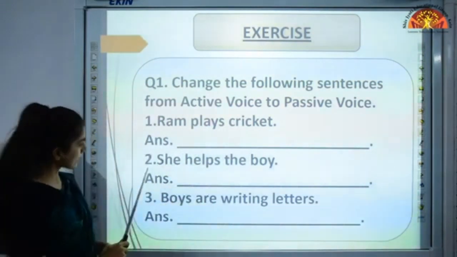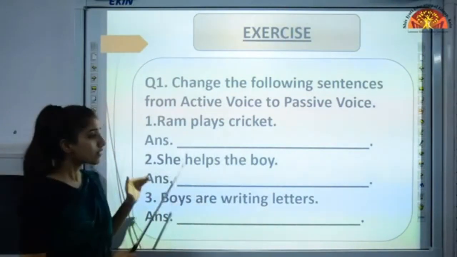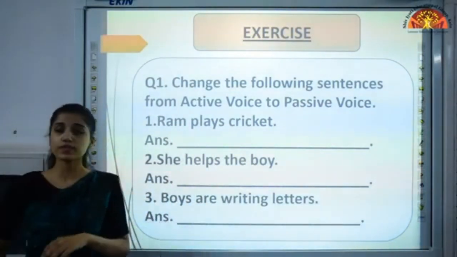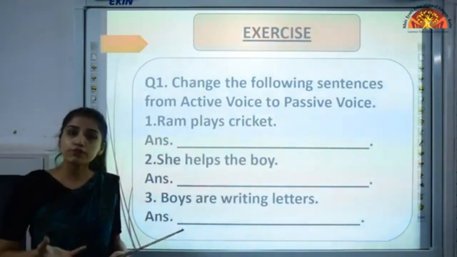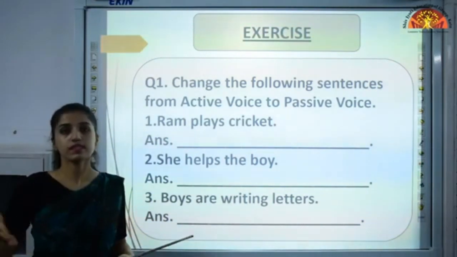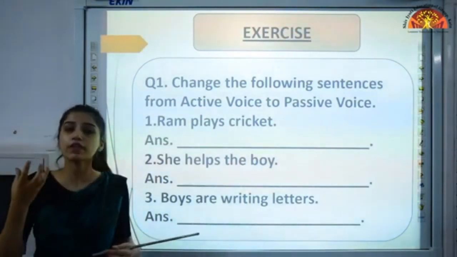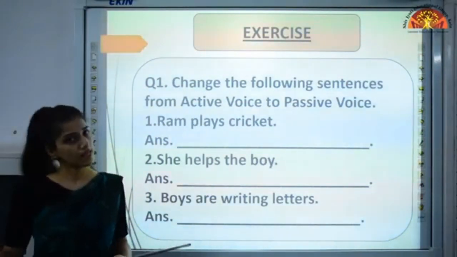Okay. Coming to the second sentence, she helps the boy. Here also we can see we are not using any ing over here, and only the verb first form is there. So which tense is it? Simple present tense. So here also we will be applying the structure of simple present tense.